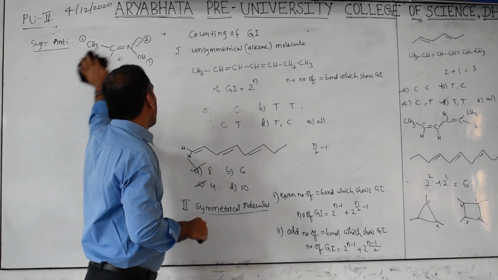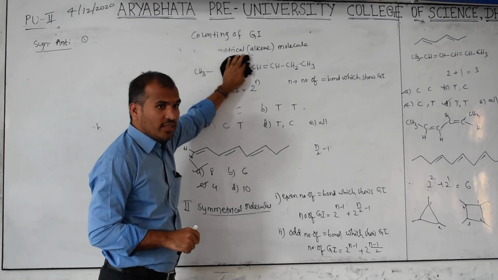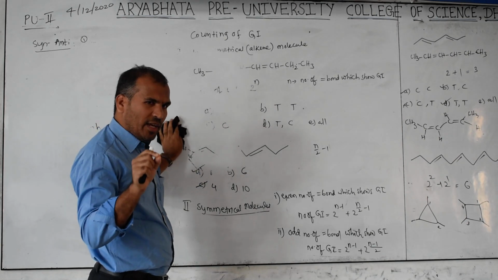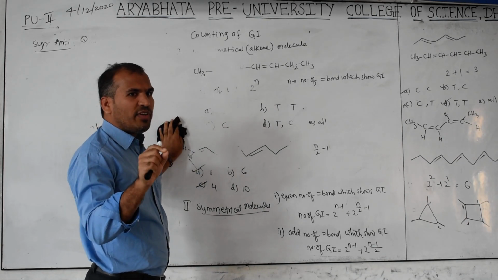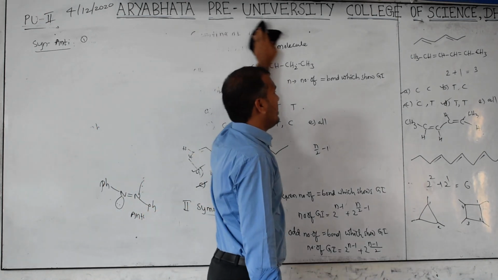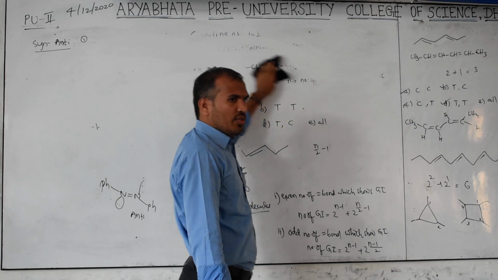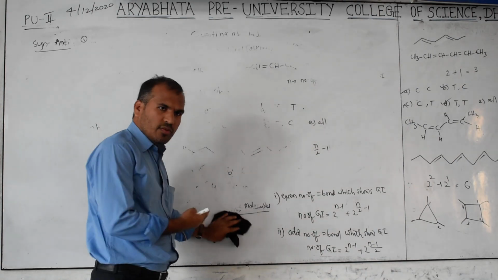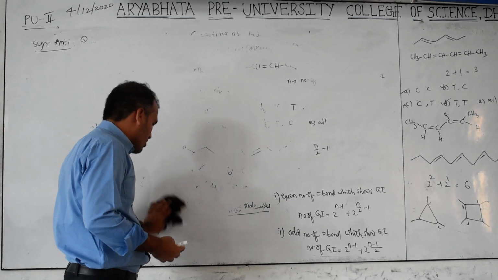Another very important thing: the functional group is the same and the IUPAC name is also the same, but the prefixes differ. What are the prefixes? Maybe cis, trans, E, Z, R, S. Like this, the prefixes will be different. In that, geometrical isomers come, and optical isomers also come.